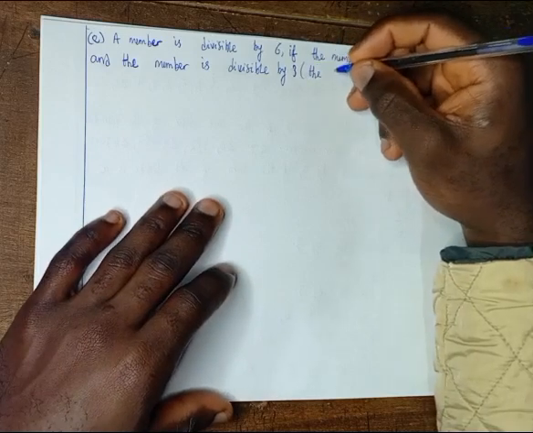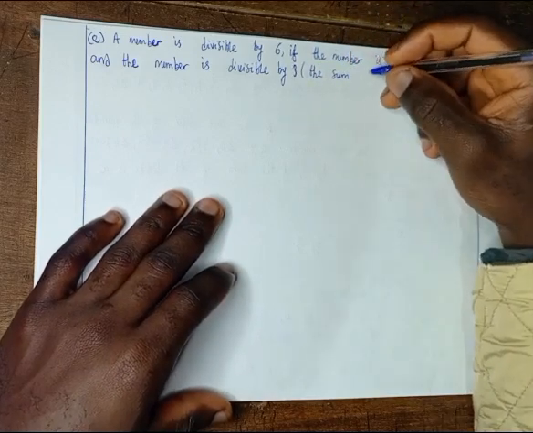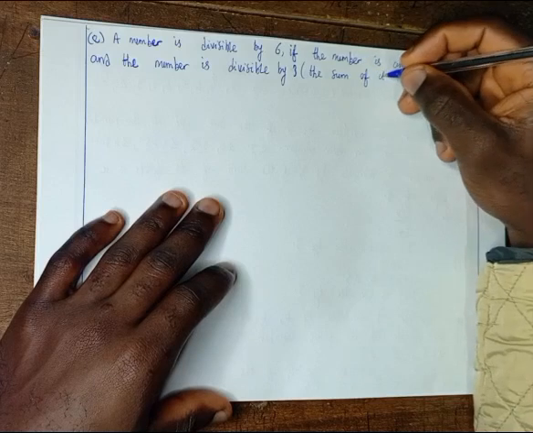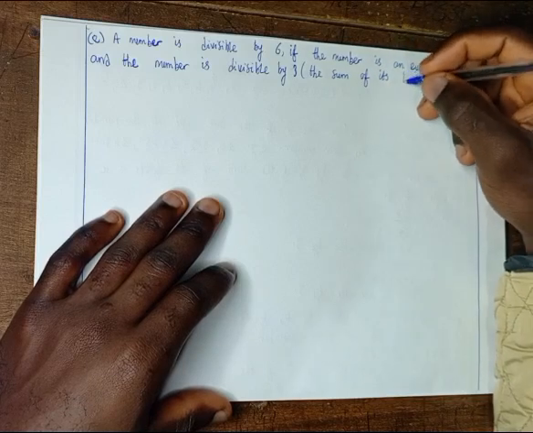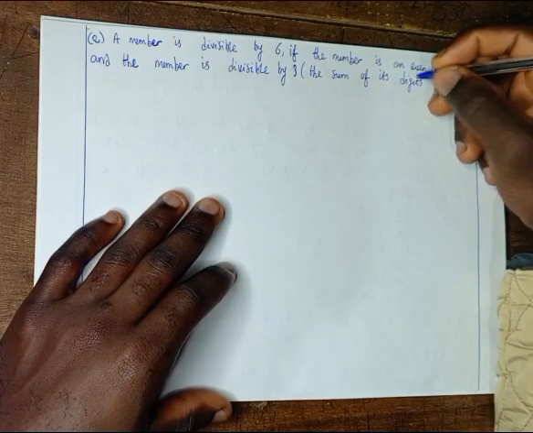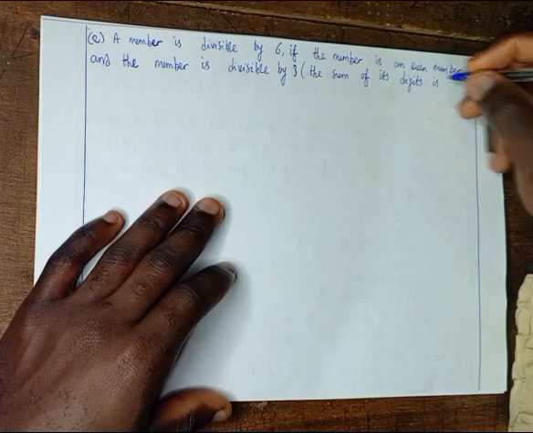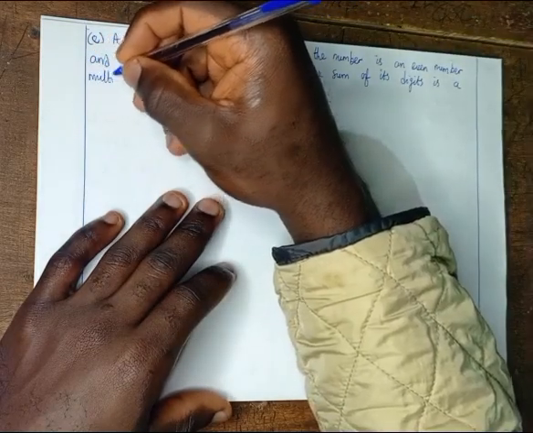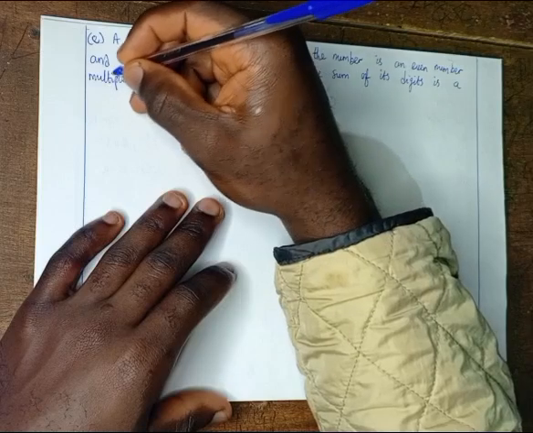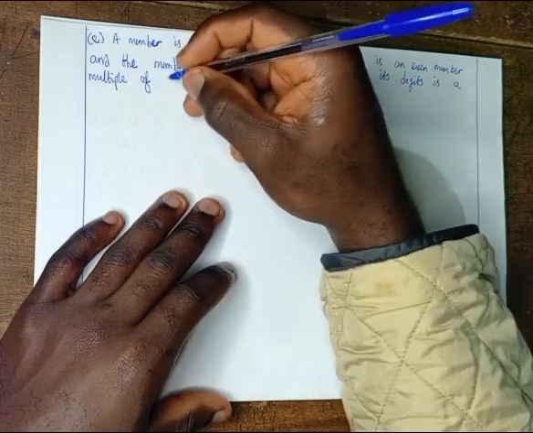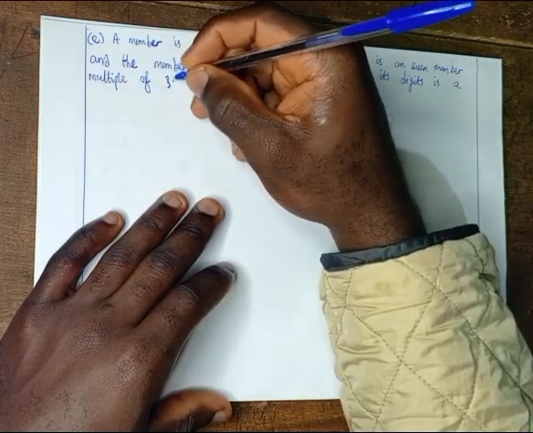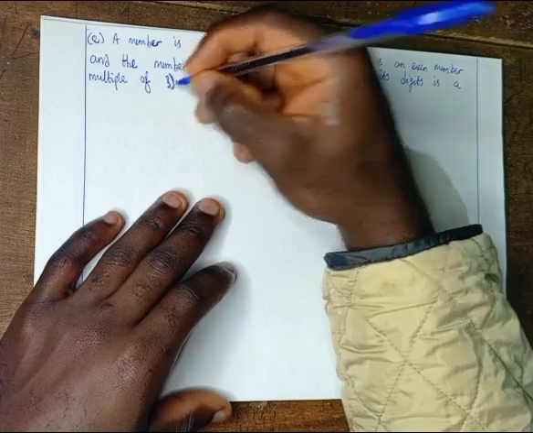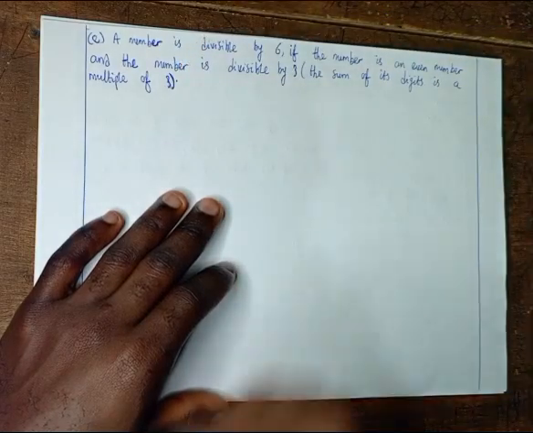Bracket, the sum of its digits is a multiple of 3. That's how we know if a number is divisible by 3.